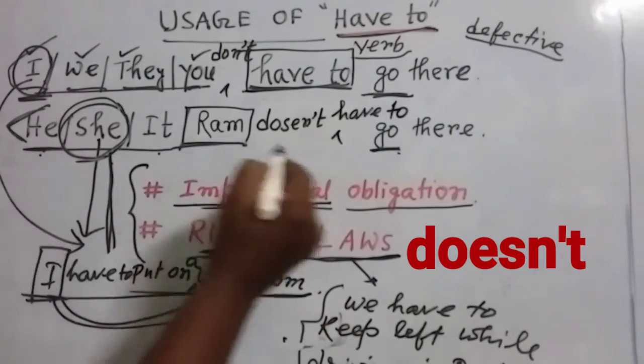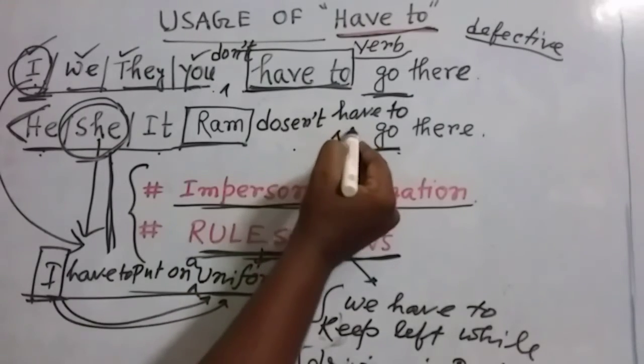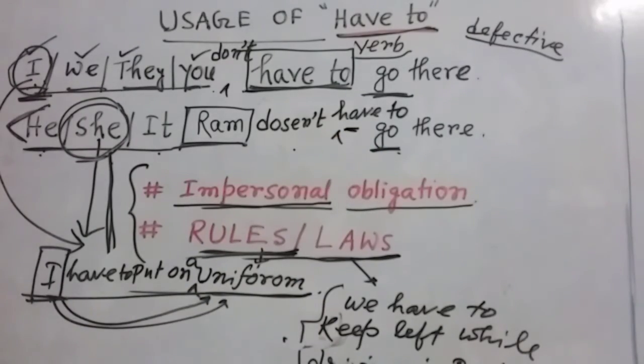So he doesn't have to go there, or here I don't have to go there. We cannot use has to here, because you know, my dear friends, in each and every sentence we have to maintain the subject verb agreement, and that's why we have to use this form.